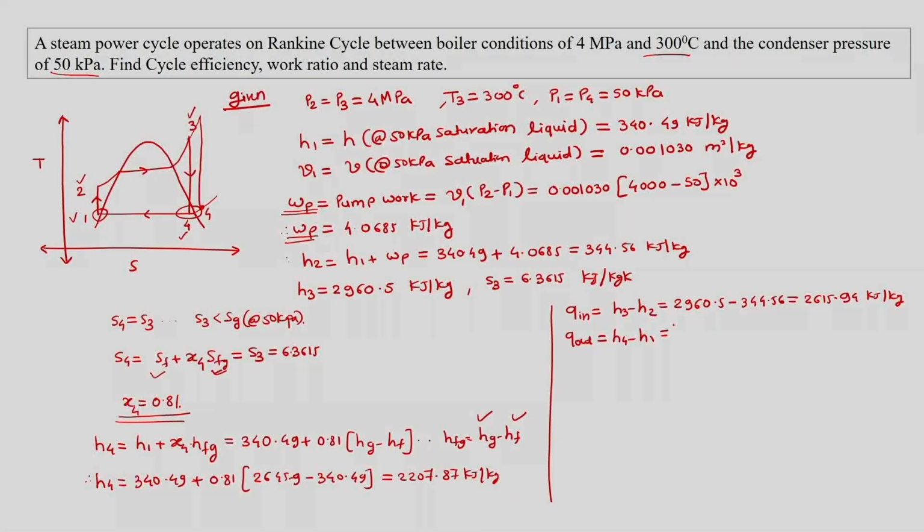H4 is known to us, 2207.87, minus H1, which is 340.49, and this gives us Q out as 1867.38 kilojoule per kg.